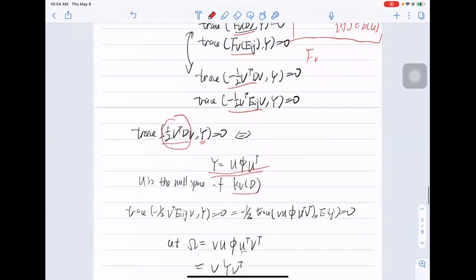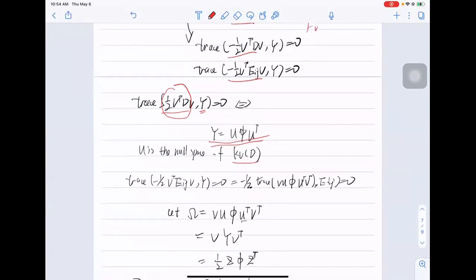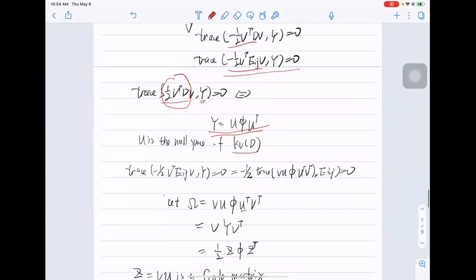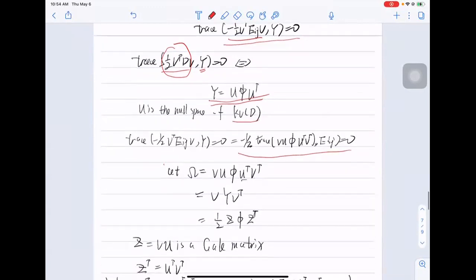So, okay, and from the second property equation, this is saying that a trace of these guys, I plug in Y, and what I get is this equality.